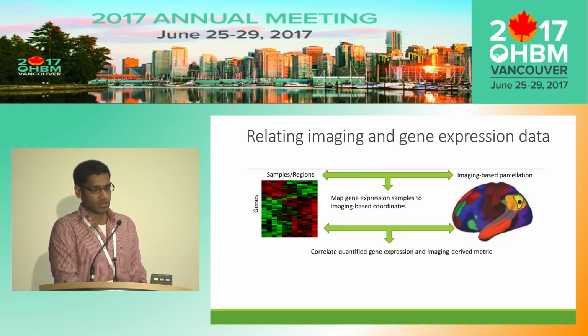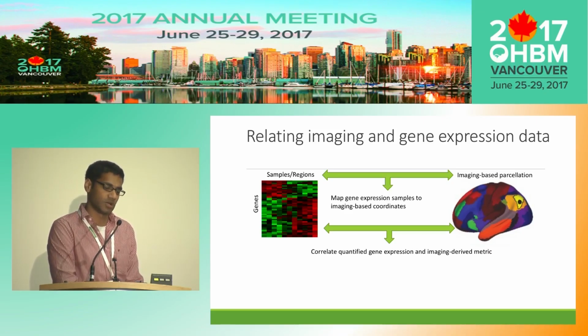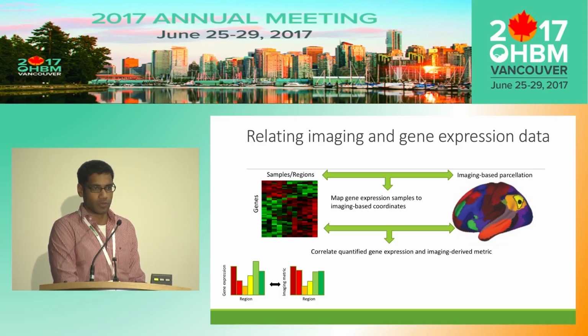The next question in relating imaging and gene expression data is you have to figure out what metric you're going to use to correlate or relate the quantified gene expression data to the imaging-derived metric. So you have to choose something on both sides, from the gene expression side as well as from the imaging data side. So the papers that I'm going to talk about cover 2 different strategies.